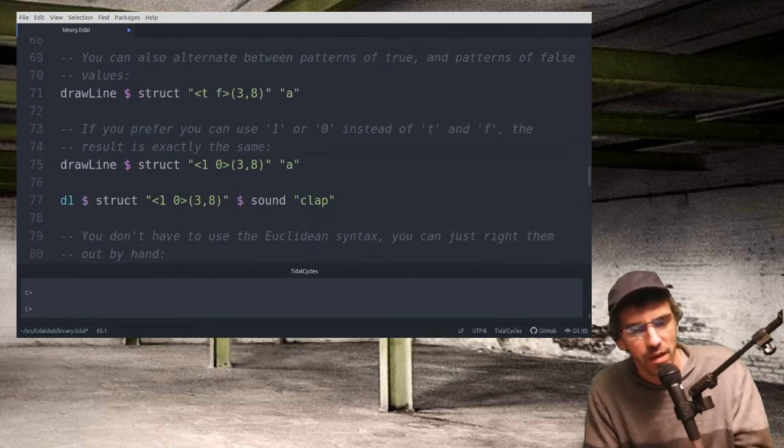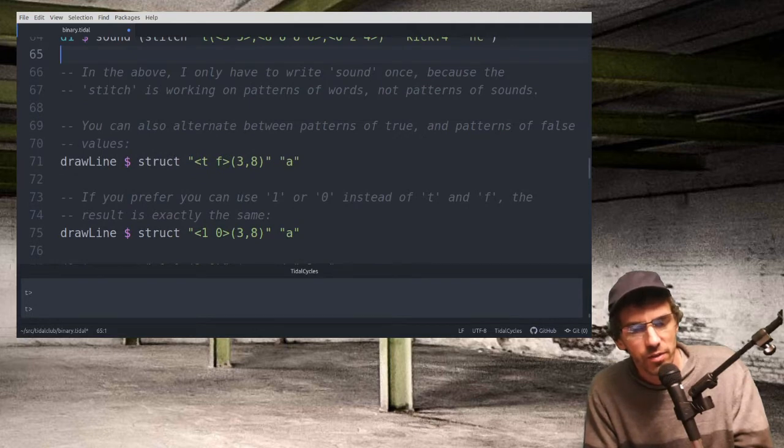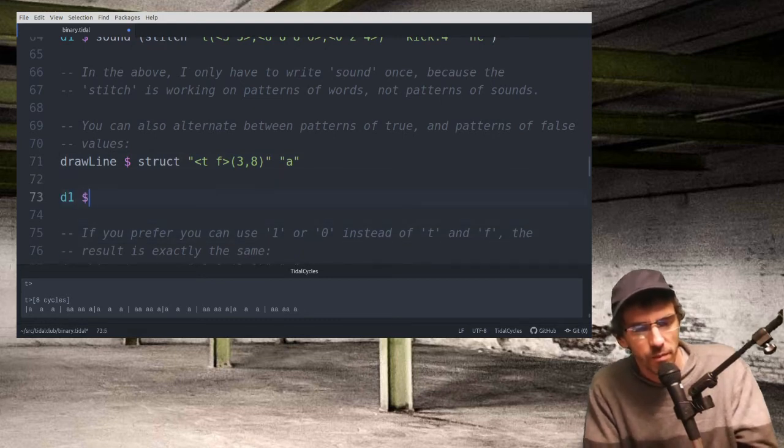Okay, you could also alternate between true and false here, while also applying the Euclidean pattern, as you can see. So there's 3 A's here, and then there's the 5 other ones here, and it skips between those. Let's listen to that.